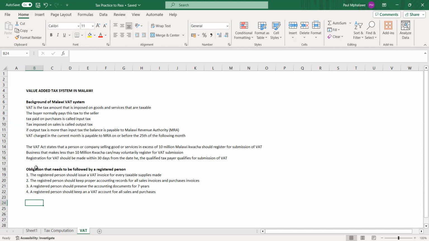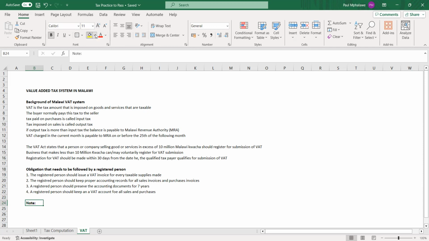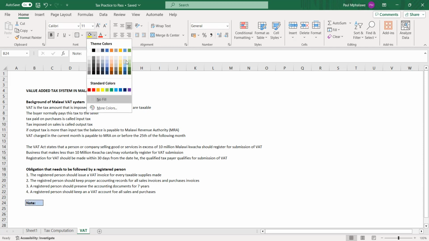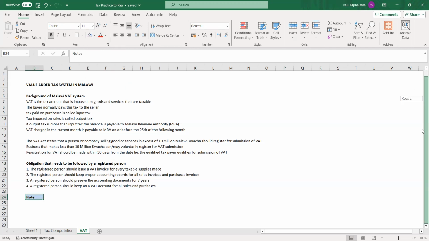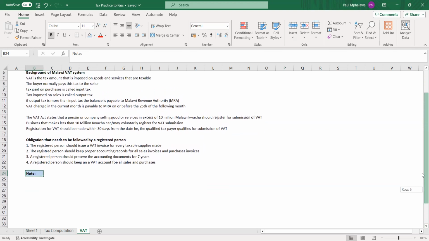Okay, what else should we know about VAT? Note, there's a very important point to note. What information should a tax invoice contain?